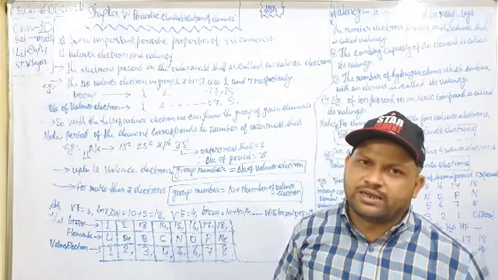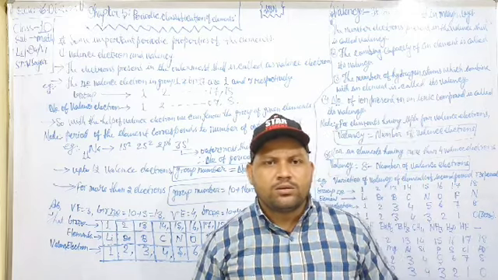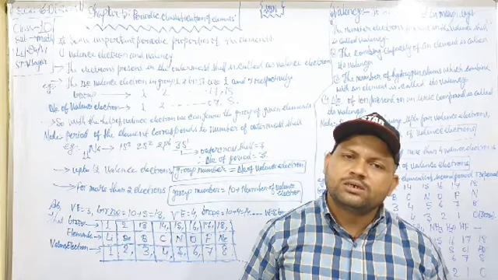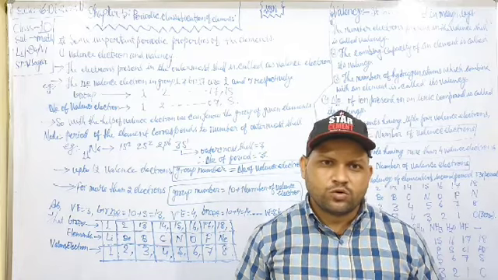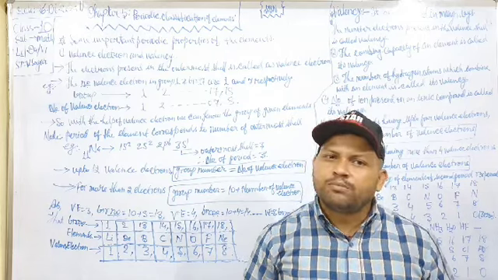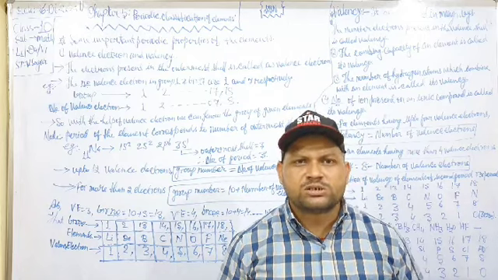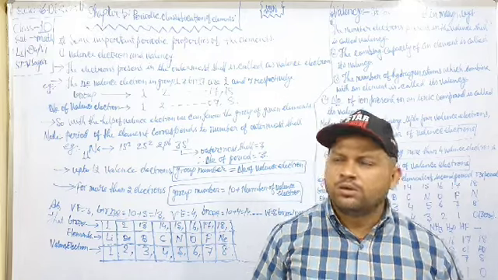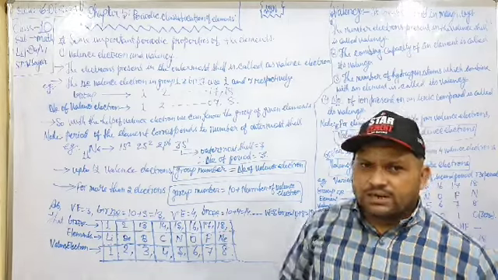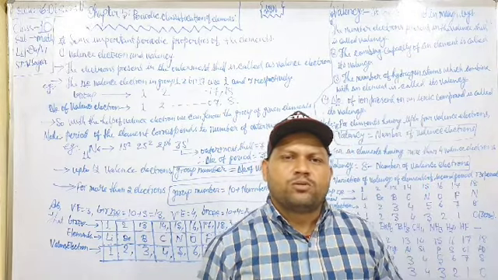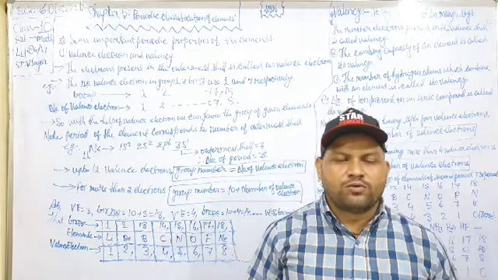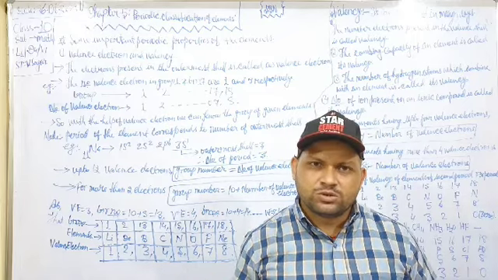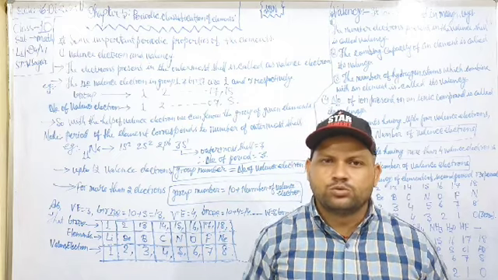Valence electron is the number of electrons present in the outermost shell of an element. For example, the number of valence electrons for sodium is 1, for potassium also 1, for calcium 2, and for magnesium 2.